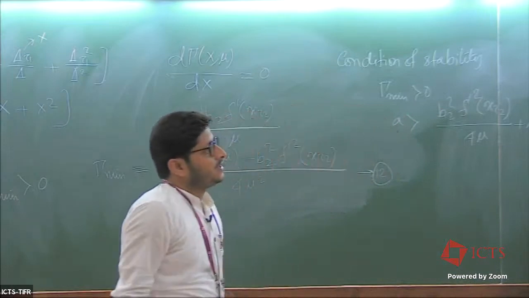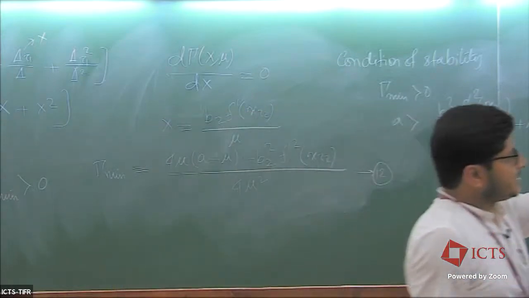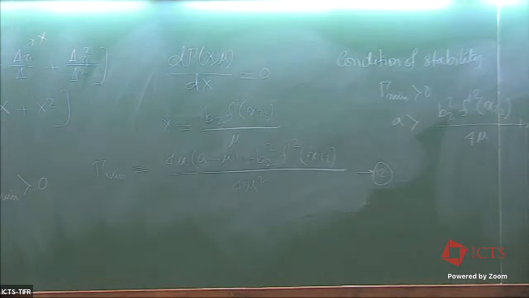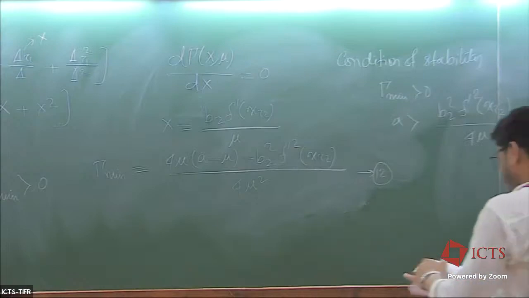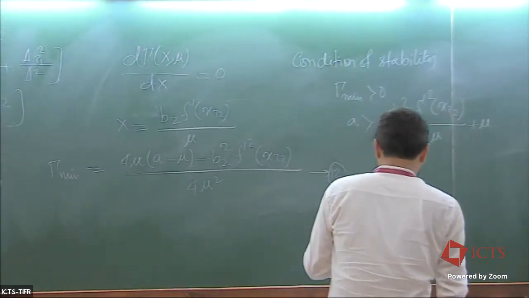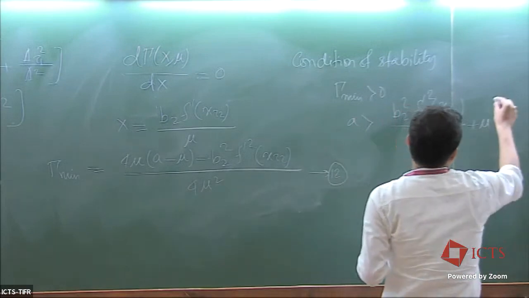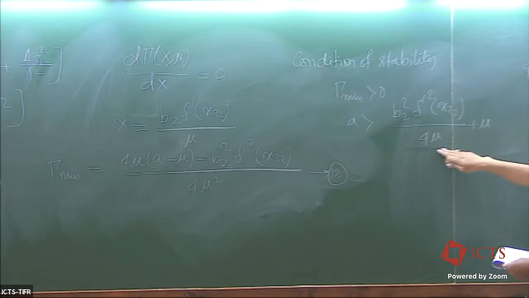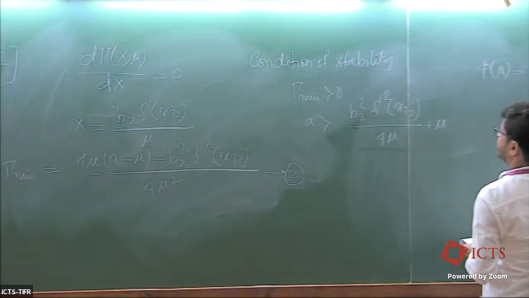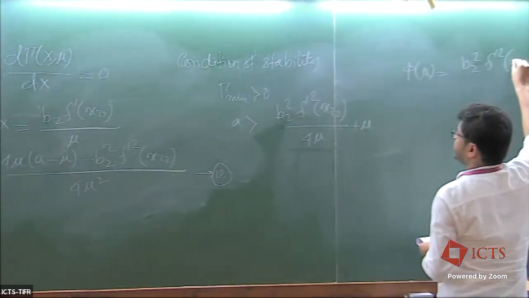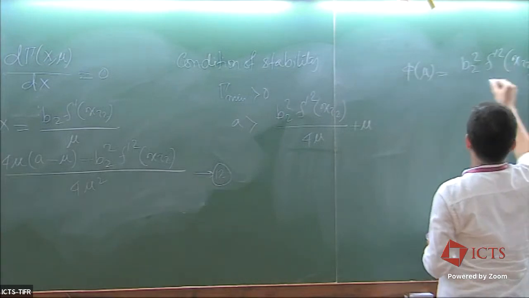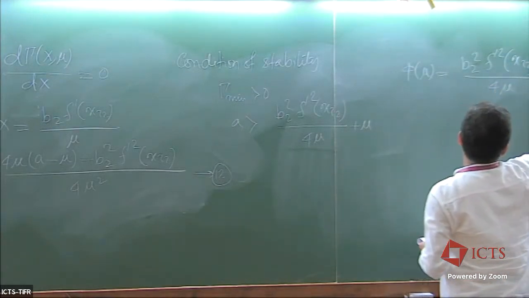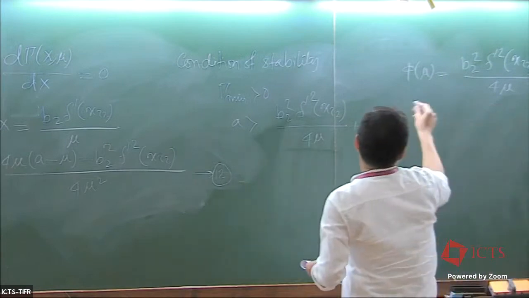Now, remember that we said mu is greater than 0 and an arbitrary parameter. So we have to find the mu value. For that, we consider phi of mu equal to b2 square f prime square x of tau 2 divided by 4 mu plus mu. Now minimize it.